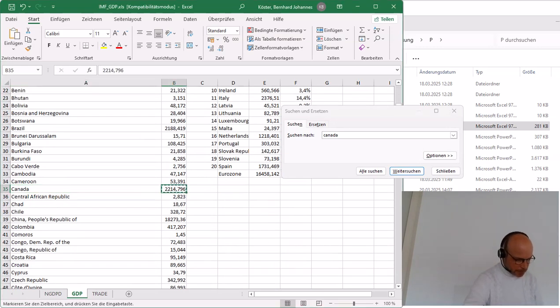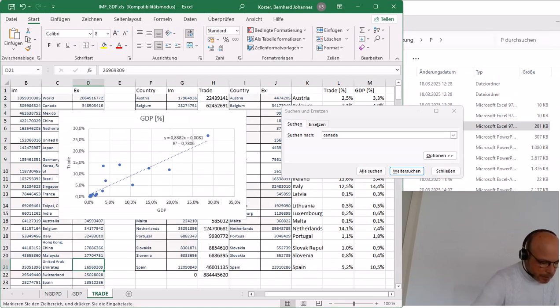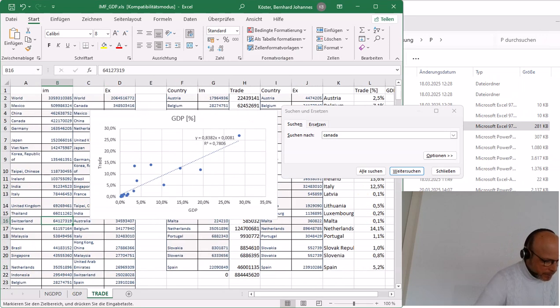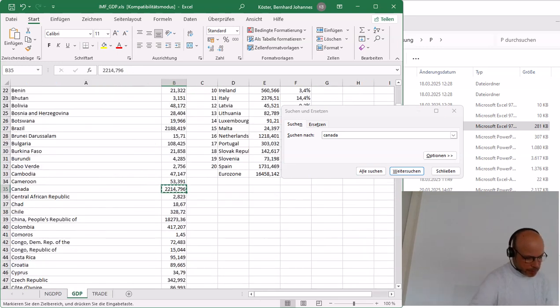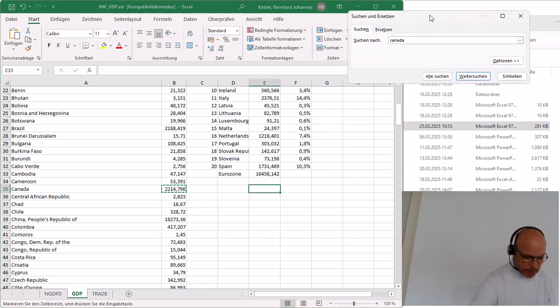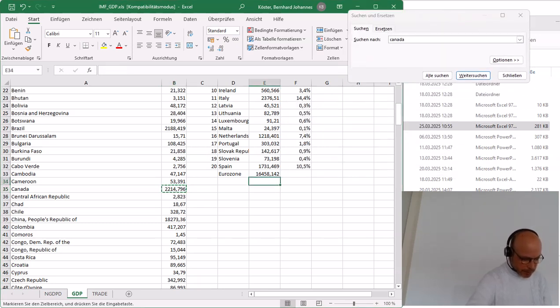There it is. And this is trade volume, and where do I have exports, imports, and GDP? Where did I have my GDP? Here, there's a GDP, and so we need Canada.